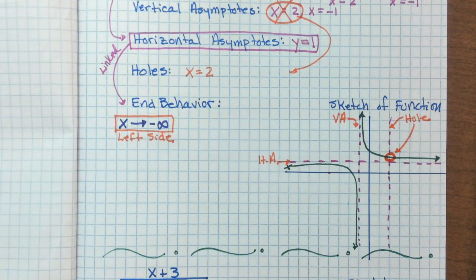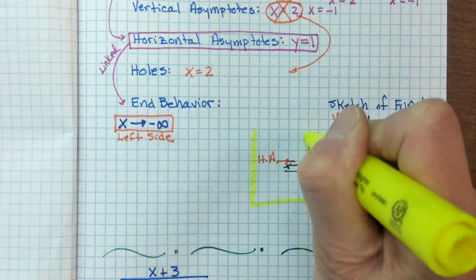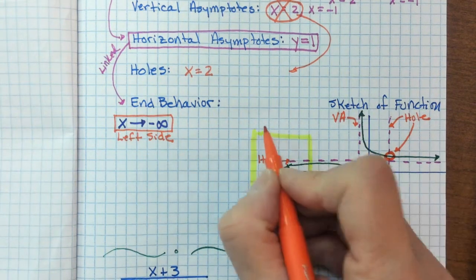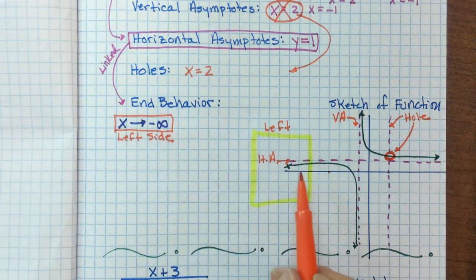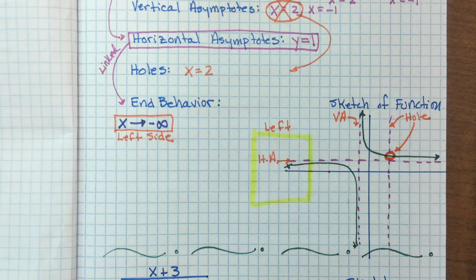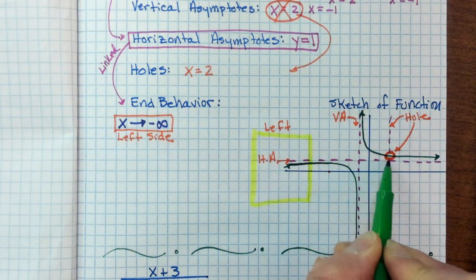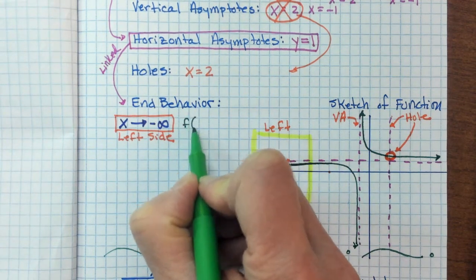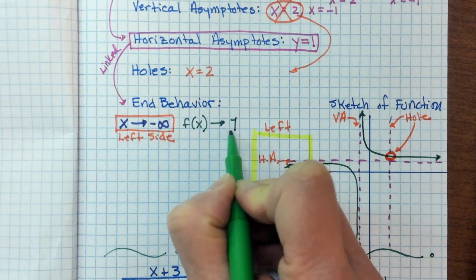The left side is here. I'm looking right there at my left side. Where is the function going? It looks like this function is getting really close to the line y equals 1. That means my function is approaching 1.